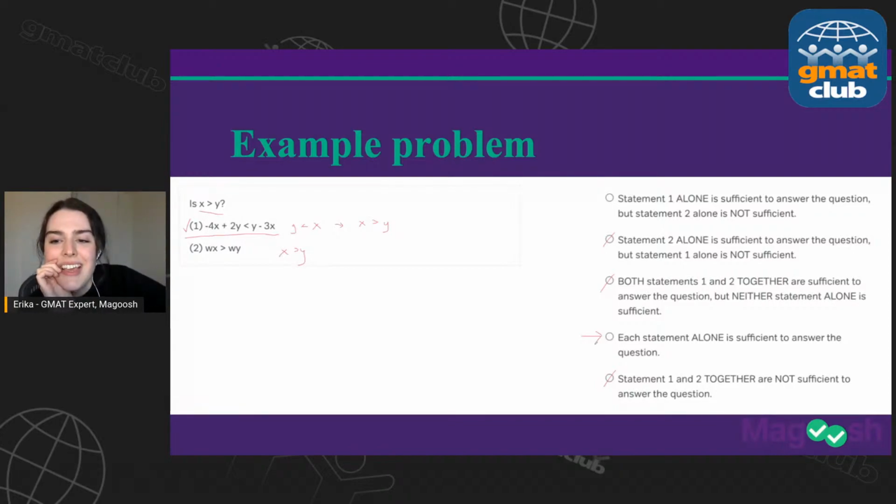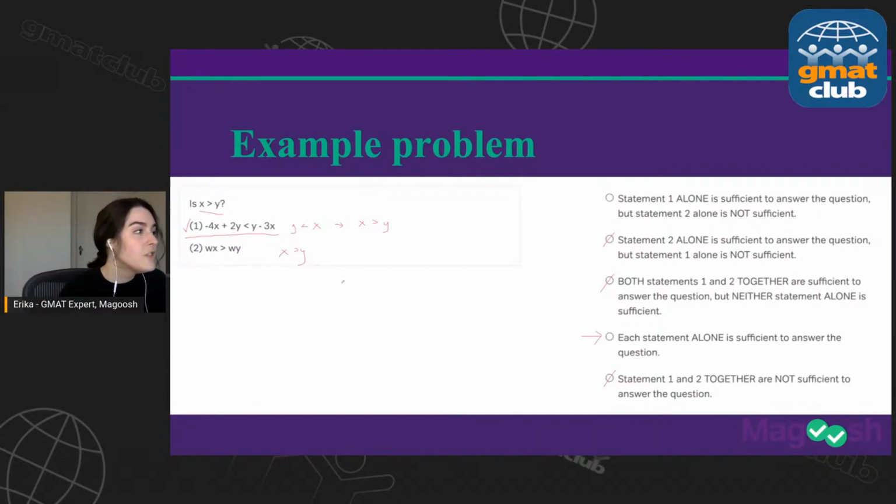But what if W is negative? Oh, wait. And this is where we might start to think about our rules of inequalities, right? Again, we can add and subtract on both sides as much as we want. We can multiply and divide by positive numbers as much as we want. But what happens when we multiply or divide by a negative? My sign flips.